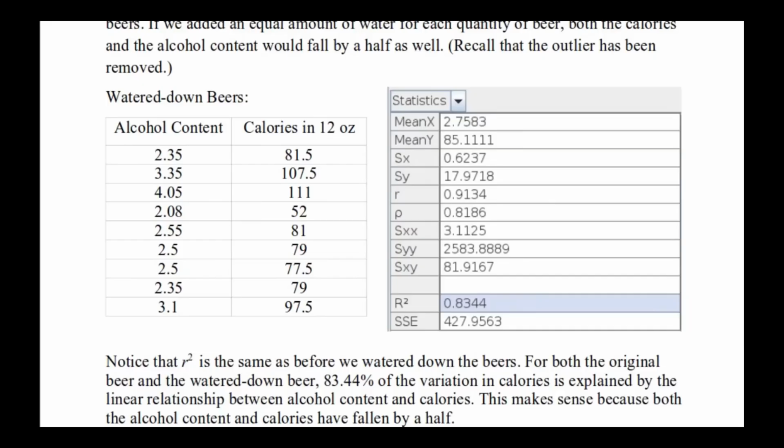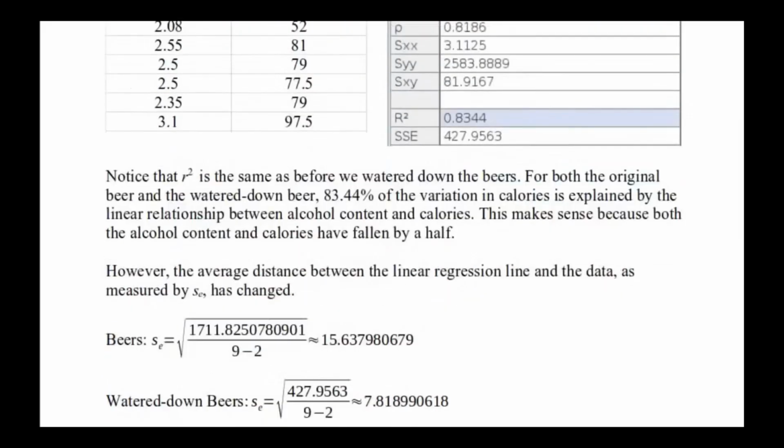For both the original beer and the watered down beer, 83.44% of the variation in calories is explained by the linear relationship between the alcohol content and the calories. That is r squared, the coefficient of determination. This makes sense because both the alcohol content and the calories have both fallen by half.